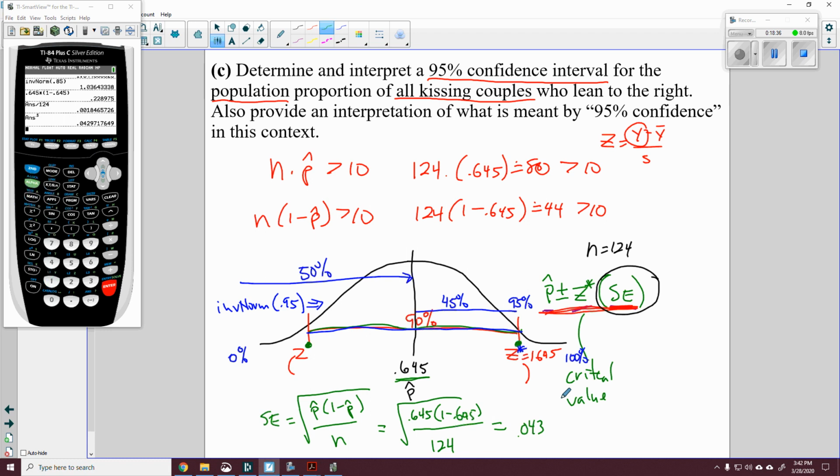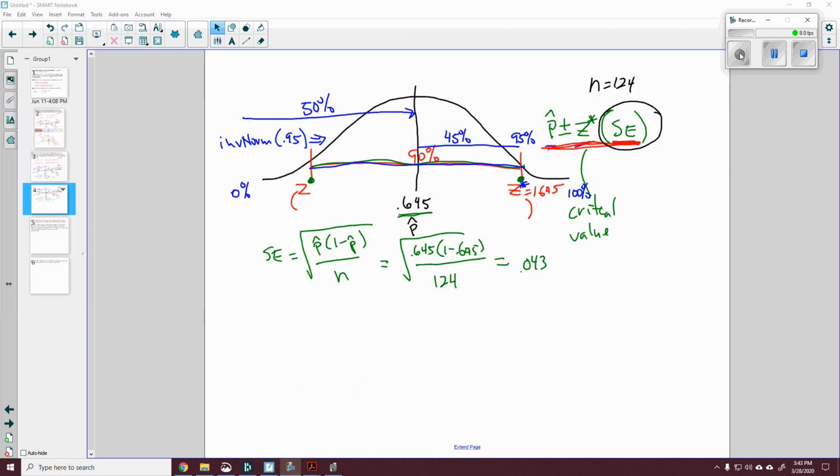0.043 standard error. Now I have all the pieces I need to calculate my confidence interval. So I have p hat. Here's the formula I'm using right here.